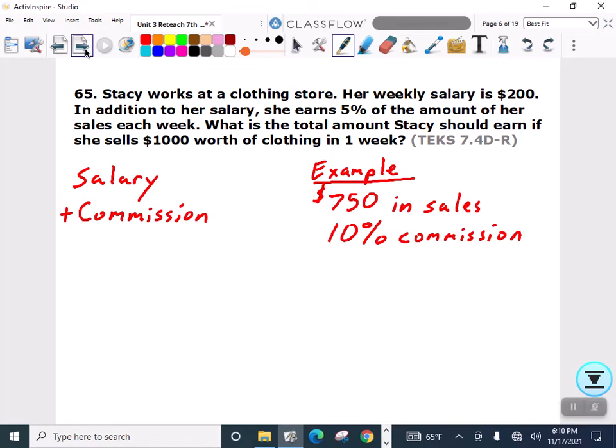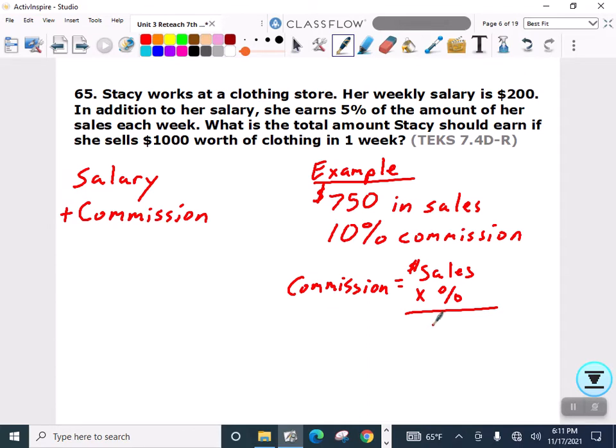Well, the way you find this is the commission equals the dollar amount of the sales times the rate in decimal form. You can't calculate it with a percent, but you can convert the percent. I've shown how to do that already.